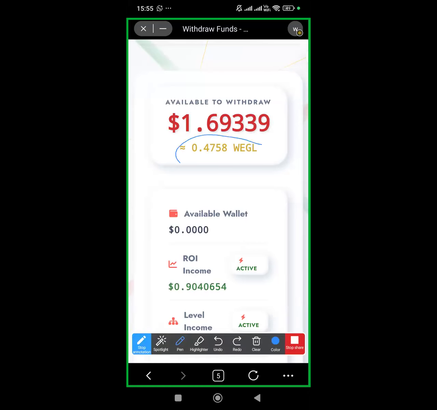We cannot waste this. Suppose today I have 0.47 wiggle, which at this time equals $1.79. It doesn't mean that I am withdrawing only $1.7. I calculate with $100.